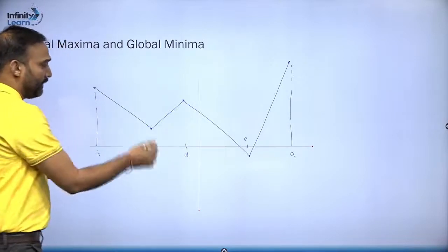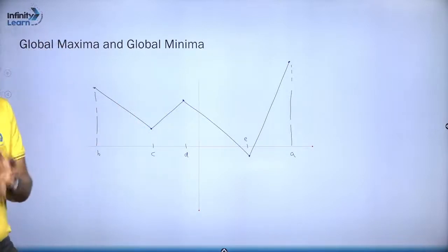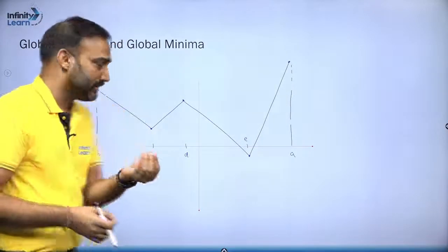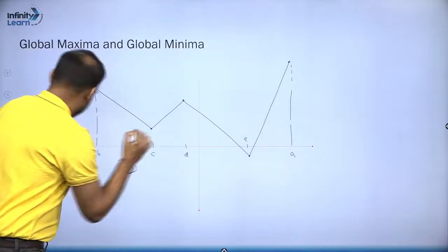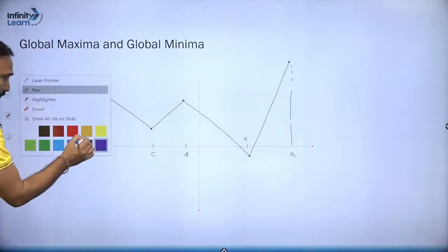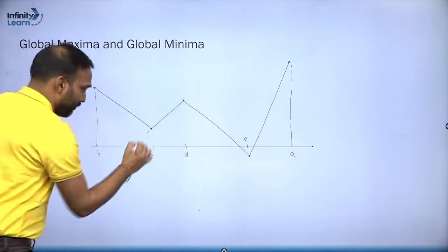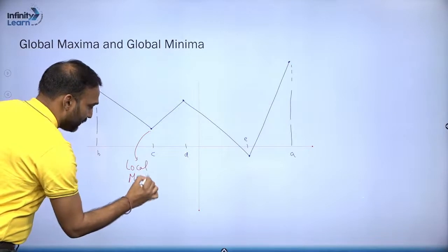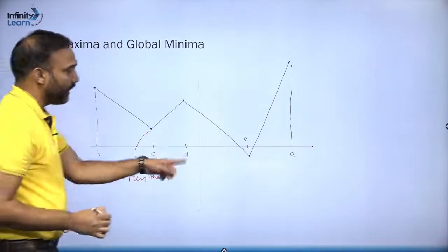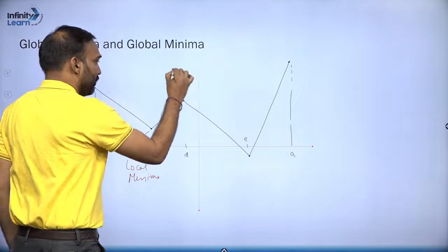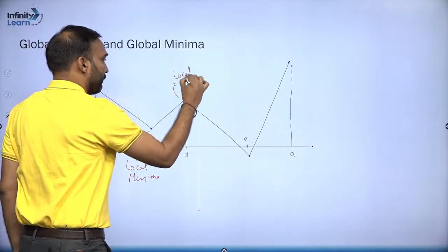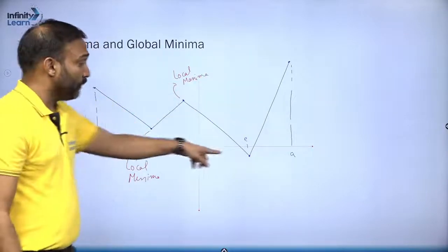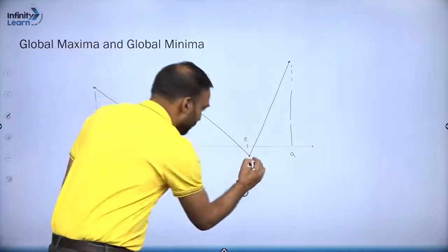If I talk about point C, at point C you can see a local minima, because the value of function is lowest in the vicinity. So this is local minima. At point D, there is local maxima. Now if you observe at point E, I again have a local minima.